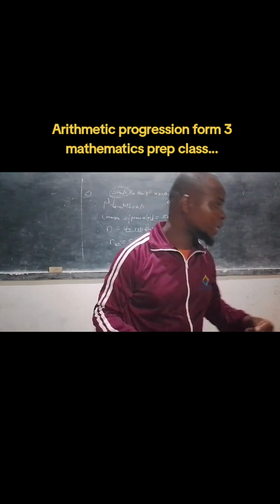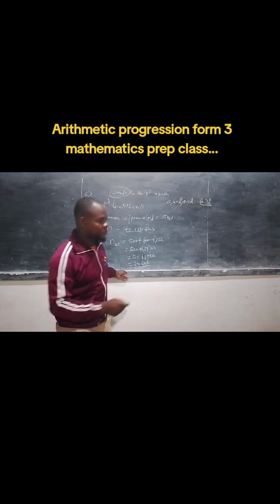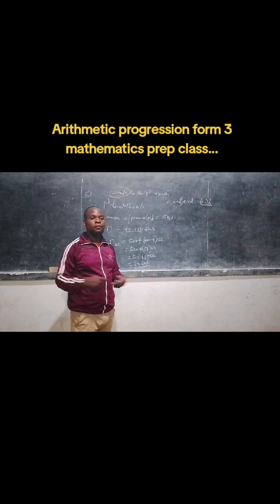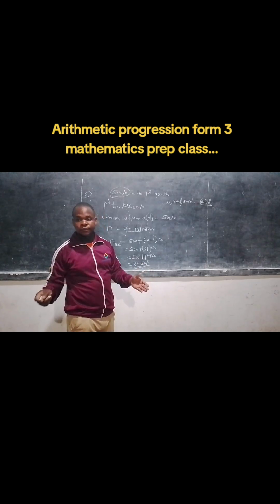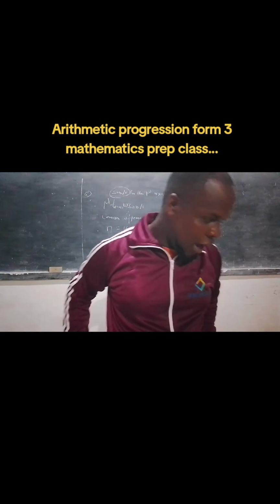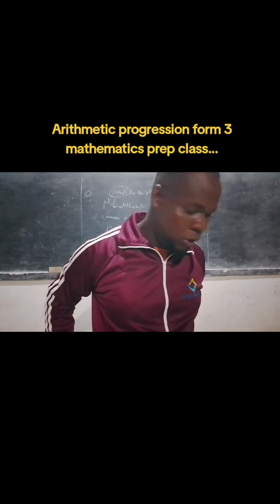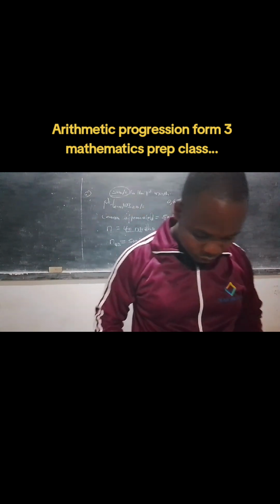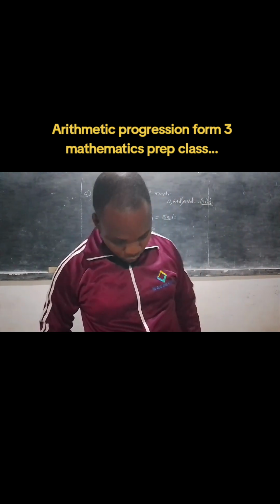If you have a question, please ask before we go to the next question. Okay, if we are together, then we are good to go. Or do you want to copy? No, you will copy later. I'll give you time to copy.